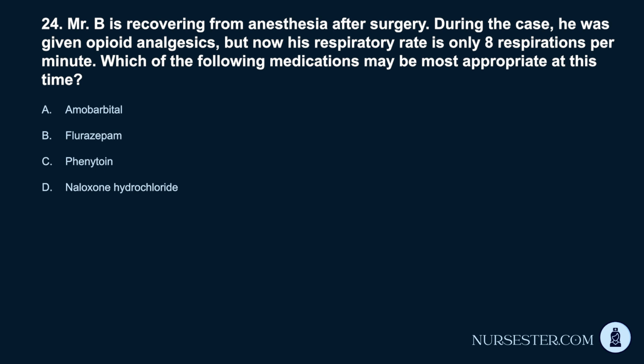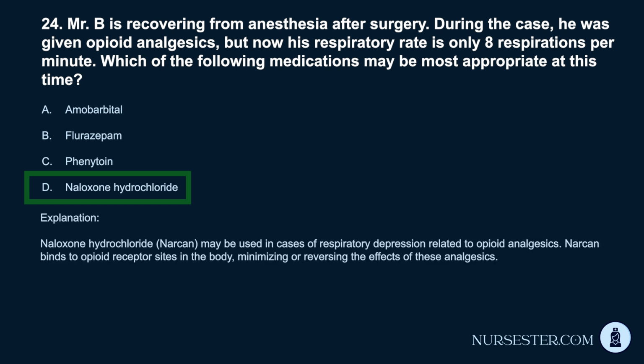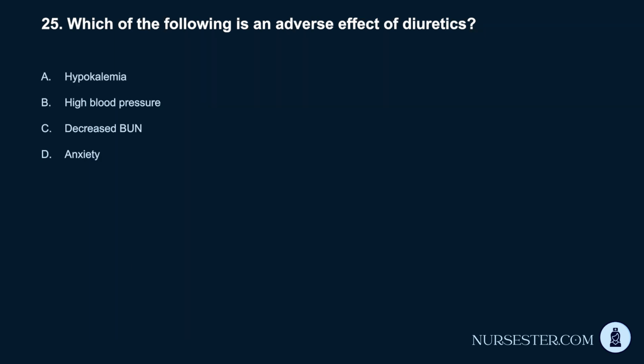D. Naloxone hydrochloride. Correct answer, D. Naloxone hydrochloride. Naloxone hydrochloride, Narcan, may be used in cases of respiratory depression related to opioid analgesics. Narcan binds to opioid receptor sites in the body, minimizing or reversing the effects of these analgesics.